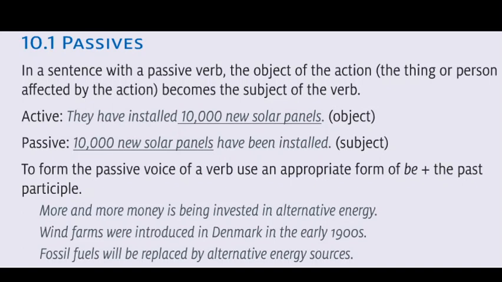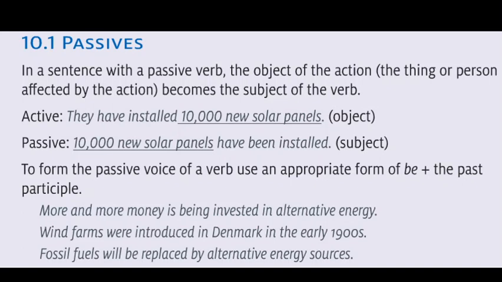How can we find the object of the sentence or the direct object in a sentence? We have to ask the question what. Then the question here would be, what have they installed? And the answer for that question is 10,000 new solar panels.